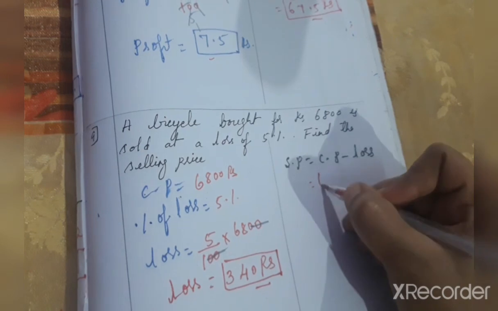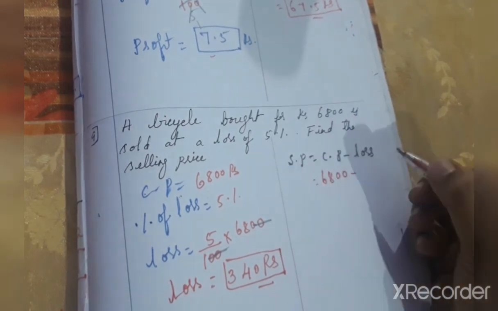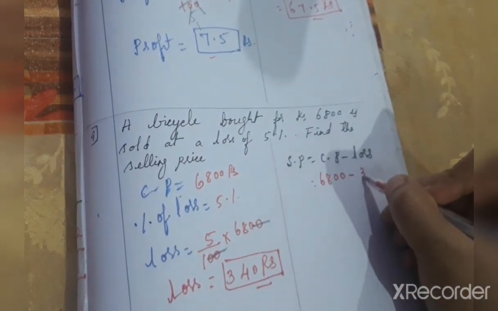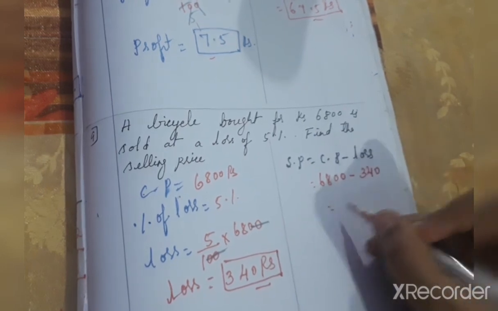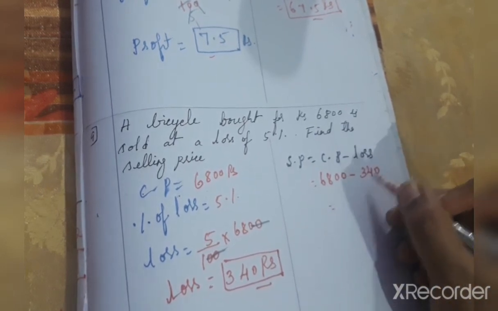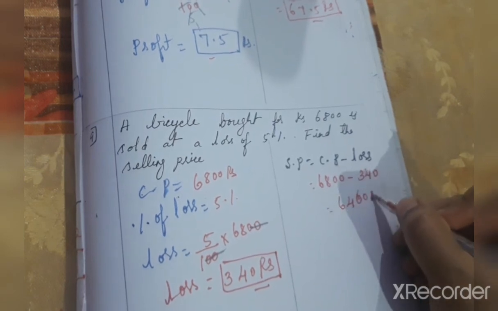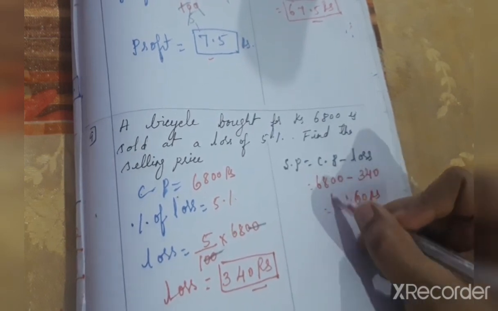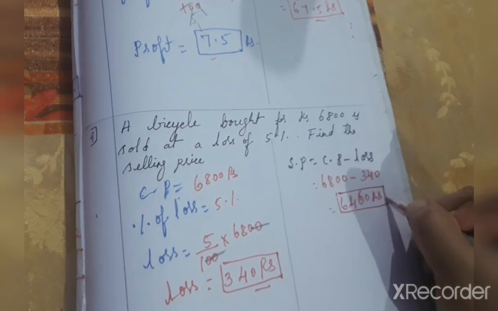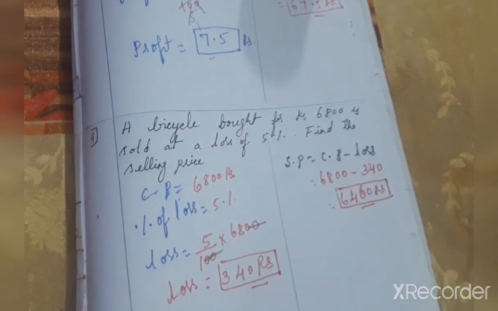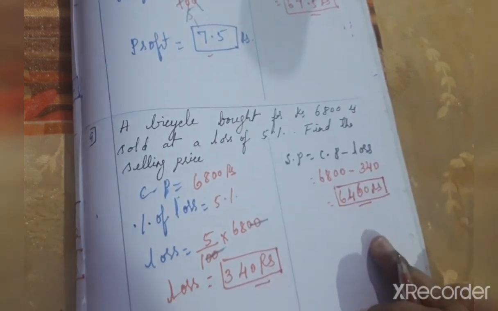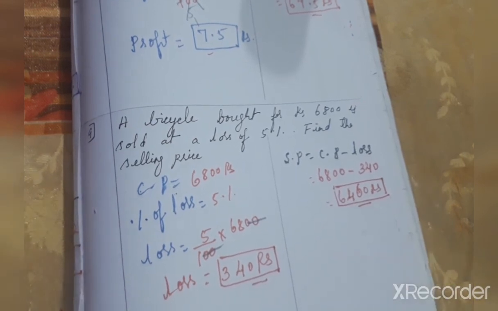CP is 6,800 minus loss 340. 6,800 minus 340 is 6,460 rupees. The selling price is 6,460, and the loss is 340.